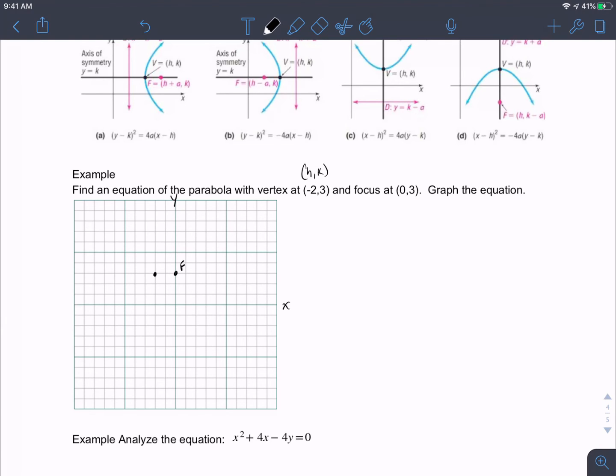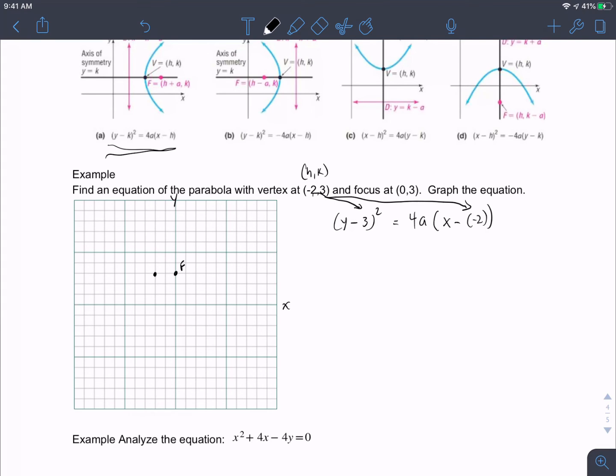And so I know that this is going to be of the form like this form right here. So I'm going to go y minus 3 squared, and the 3 that I got is from right here, is equal to 4 times a, x minus a negative 2, and the negative 2 I got from right here.